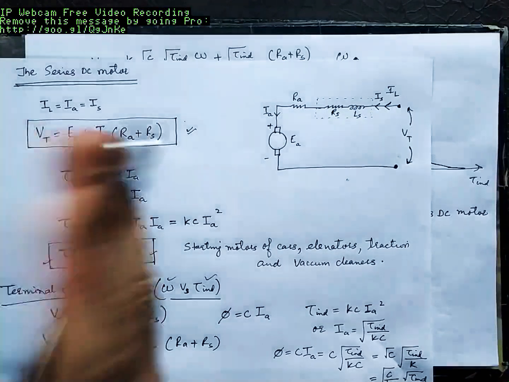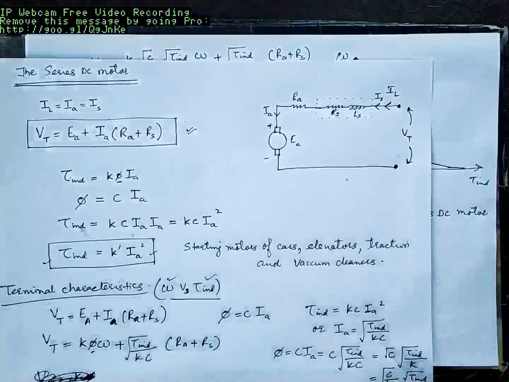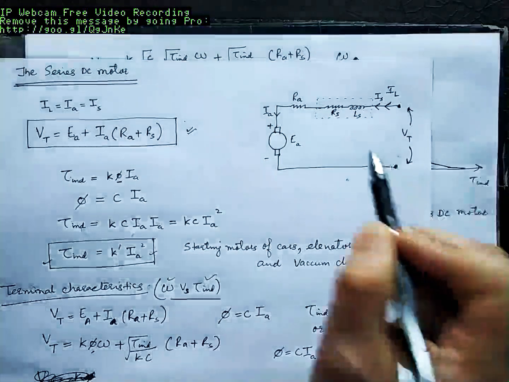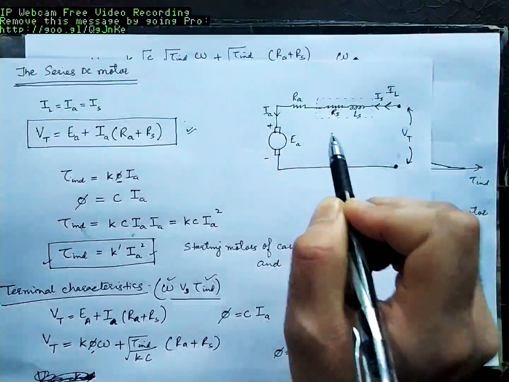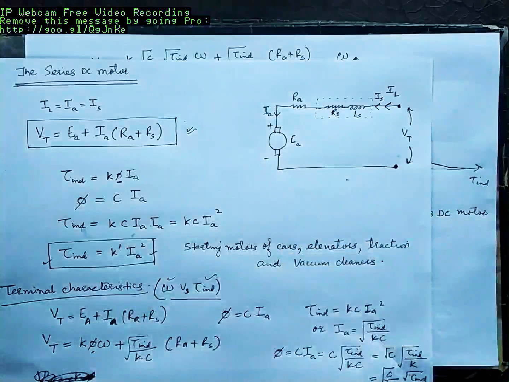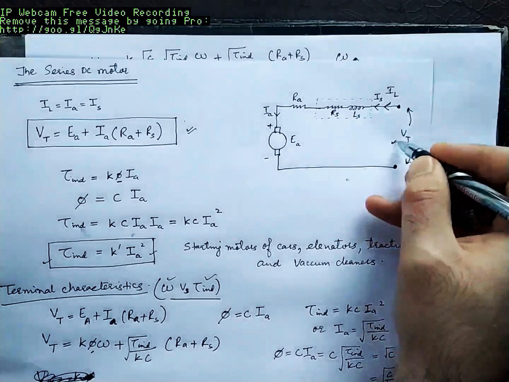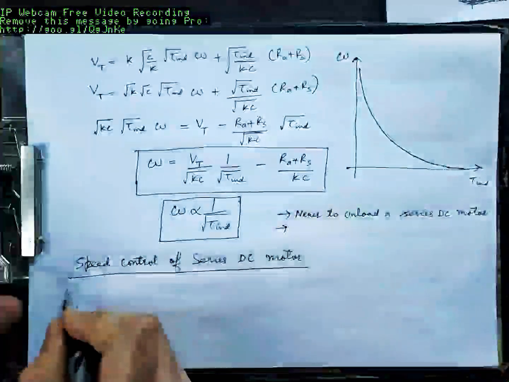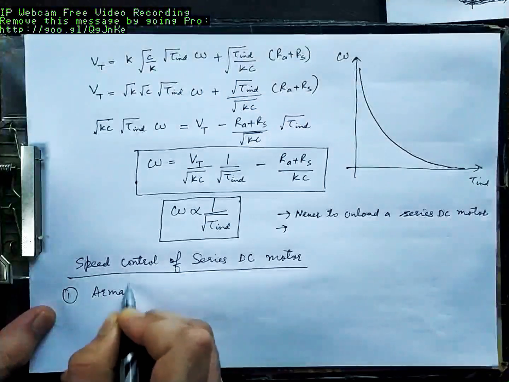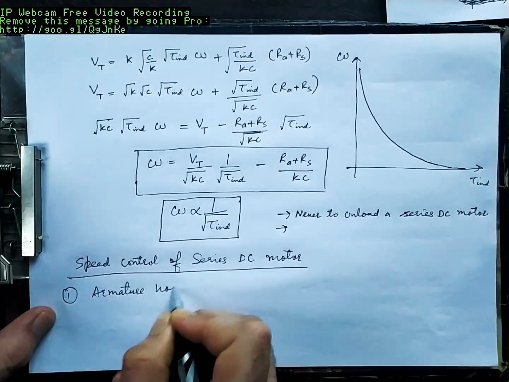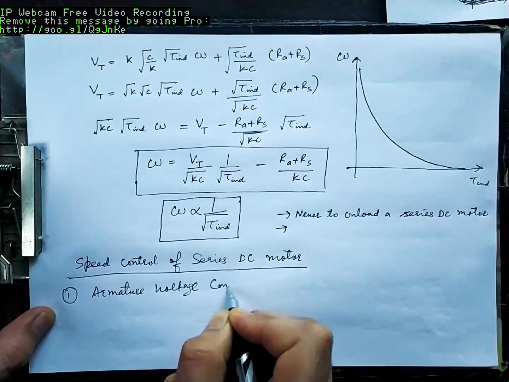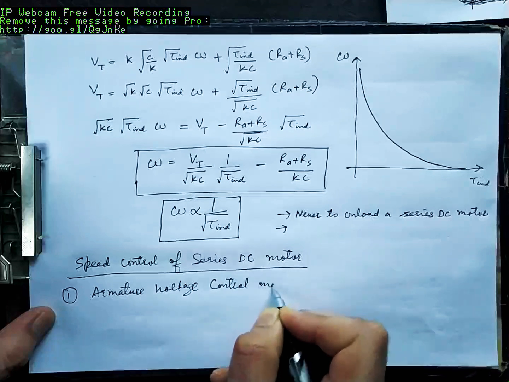You may use armature resistance method, that's also equivalent to field resistance here. We'll come to that. But field cannot be controlled independently over here. So the only method that is practically possible is the armature voltage control method.